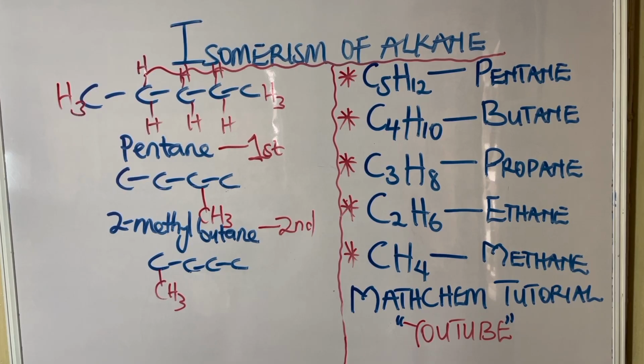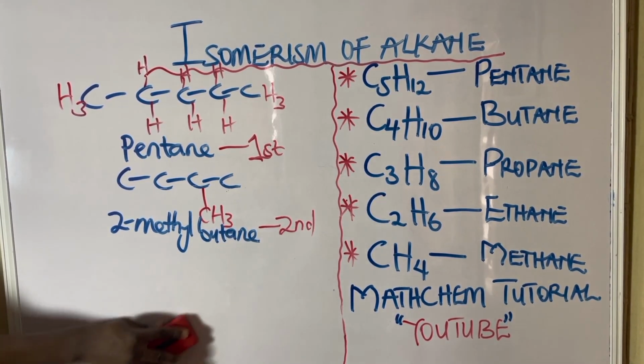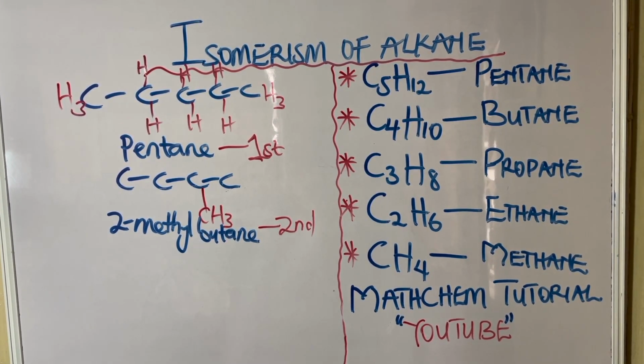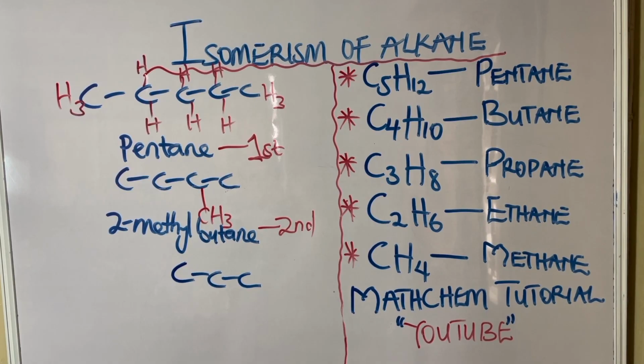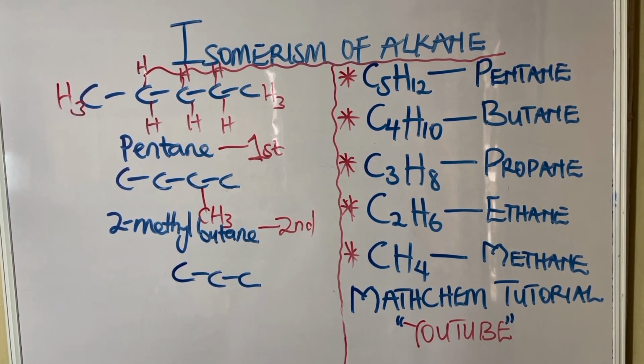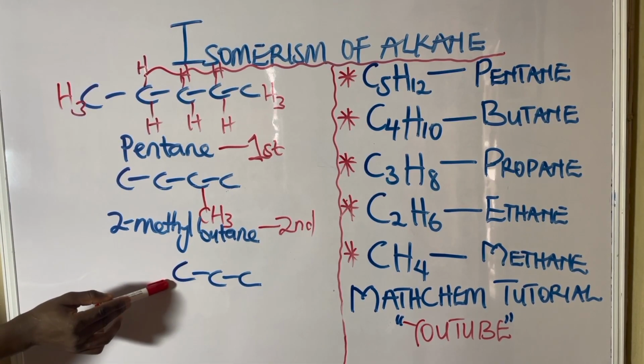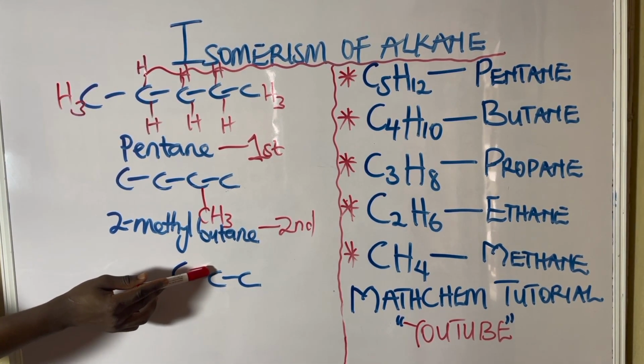The next thing for me to do is to now reduce the carbon atom to 3. So let me clean up this place. If I reduce the carbon atom to 3, how will it be? Something like this. That's 1, 2, 3. Then let's check the hydrogen atoms, whether it's still going to be 12. Remember, I have 3 hydrogens here, isn't it? 2 here, right?